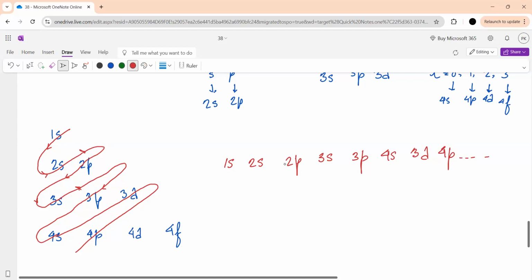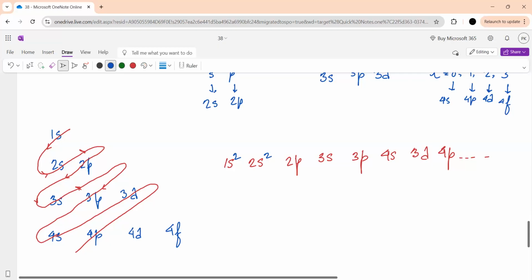So if I ask you that we are supposed to fill the orbitals with the maximum number of electrons, in the 1s, maximum how many electrons can be there? In the s orbital, there can be maximum 2 electrons, right? So we will write this way, 1s2. Similarly, again, 2s. So 2 is the principal quantum number, but how many electrons can be there depends upon if it is s or p or d or f. So in s, 2 electrons can be there maximum, so 1s2, 2s2.